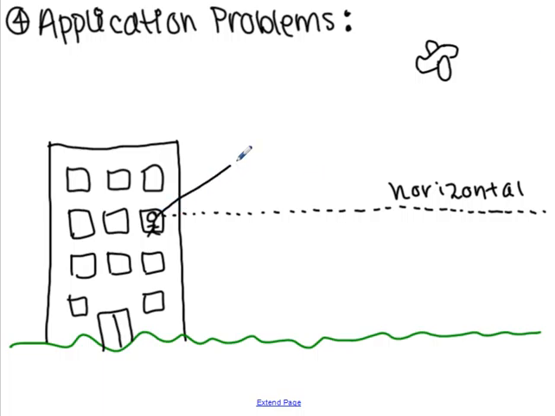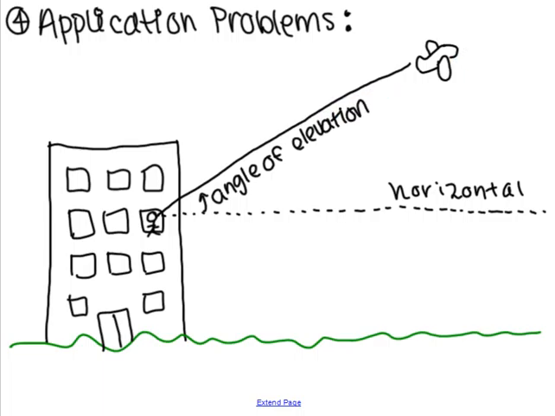So this right here from the horizontal, this angle right here, we call the angle of elevation. And we call it angle of elevation because he's lifting his head. He has to elevate his head to actually see this airplane up there.